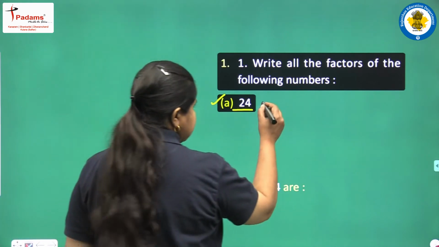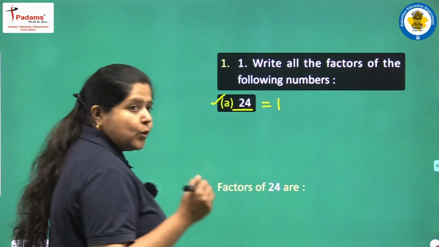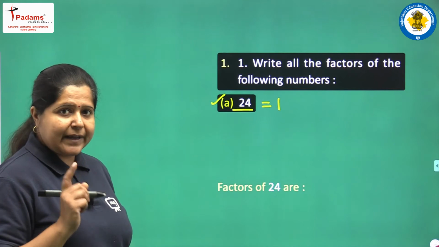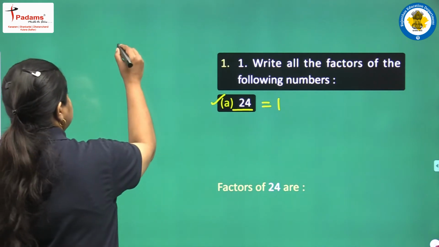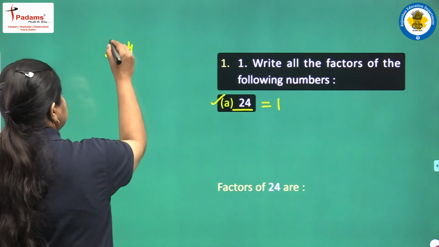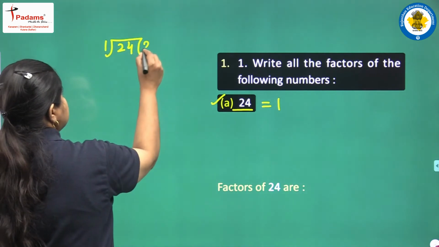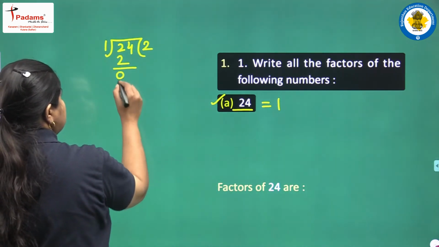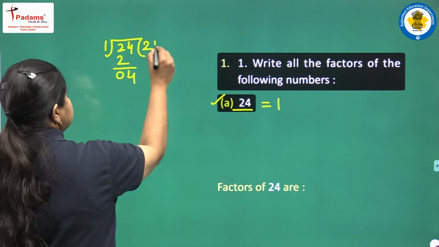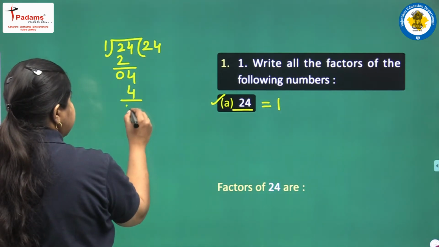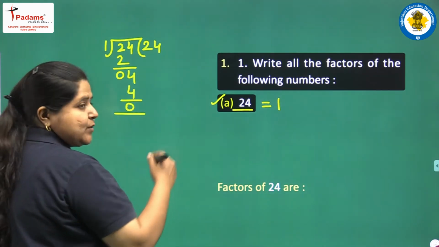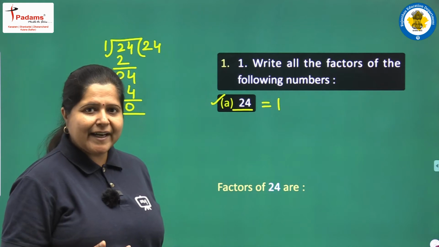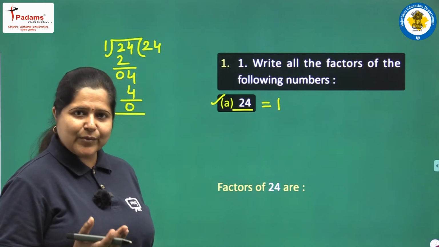So we start with the number 1. We know that every number is divided by 1. You can also check it by dividing 24 by 1. It's 1 2s are 2, 0, then 4, 1 4s are 4, again 0. So yes, 1 divides 24 completely and so 1 is a factor of 24.